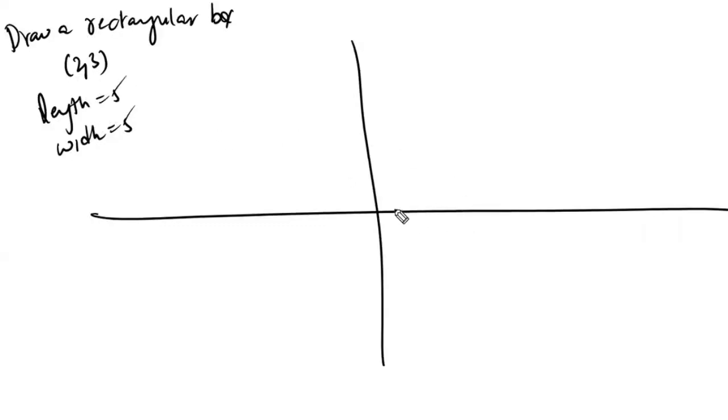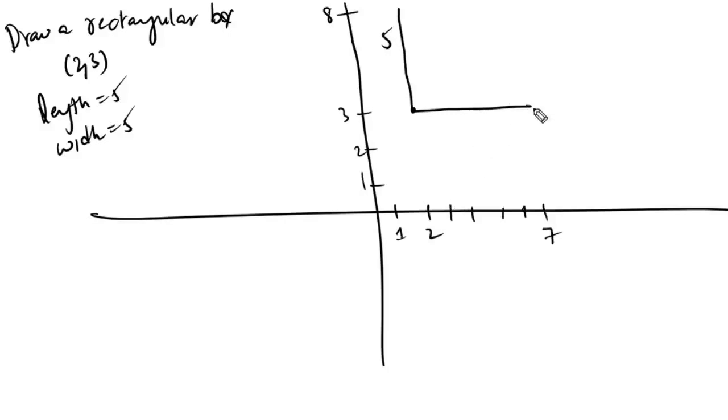So 2, 3 means this is the starting point. For this starting point, you are going to take a height up to 5, which means up to 7 here.